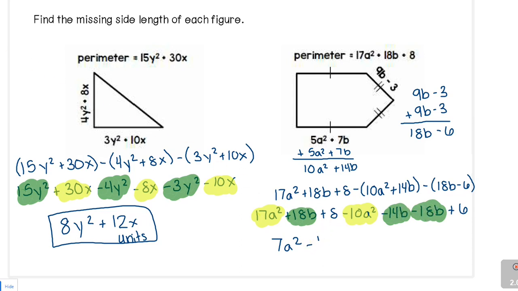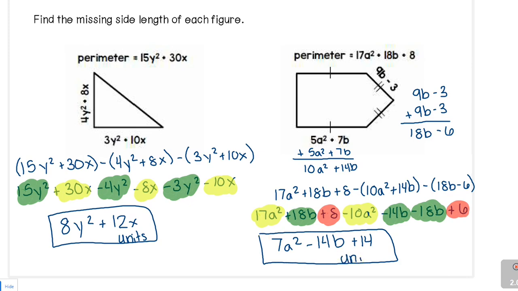So we get negative 14b. And lastly, we have 8 plus 6, and that gives us 14. So our missing side length is 7a squared minus 14b plus 14 units long.